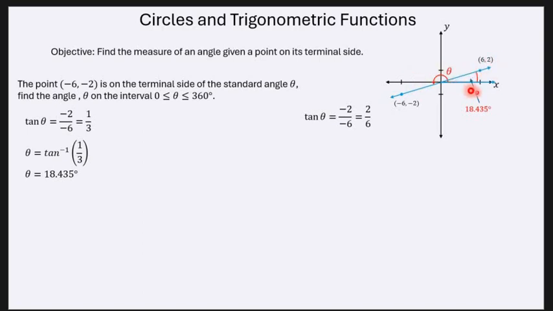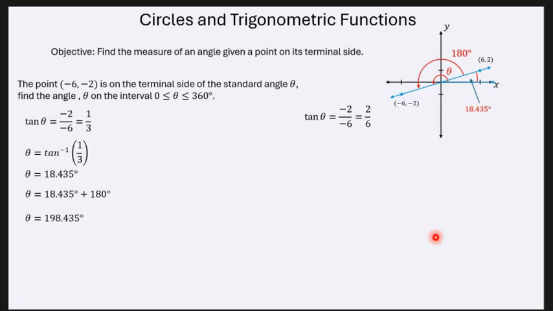So in order to get to that angle, I just have to add a straight line angle, 180 degrees. So 18.435 plus 180 gives me 198.435. And that's the angle theta that I'm looking for. So if you have an angle in the second or third quadrant and you're using the arctangent to find that angle, you're going to have to add 180 degrees to the angle.